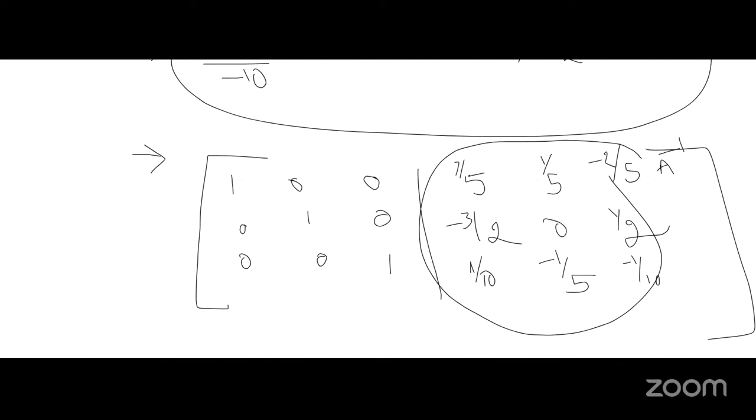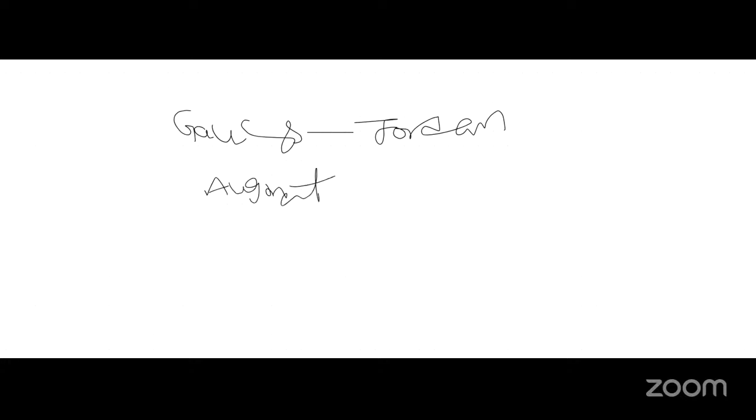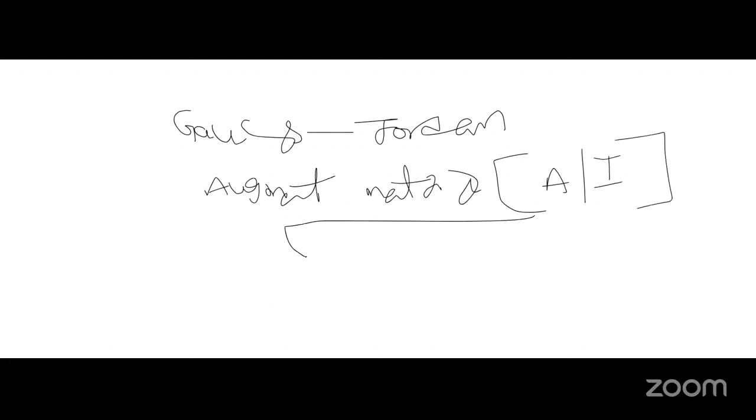So this is the matrix inverse method by using the Gauss-Jordan. So what is the Gauss-Jordan method? It means we are taking the matrix A augmented with I, and we are changing it into I and A inverse.